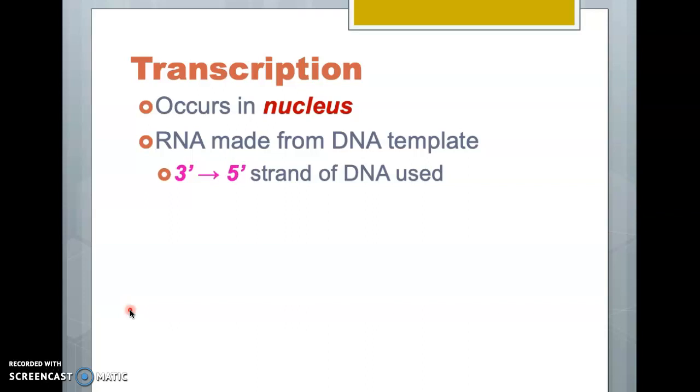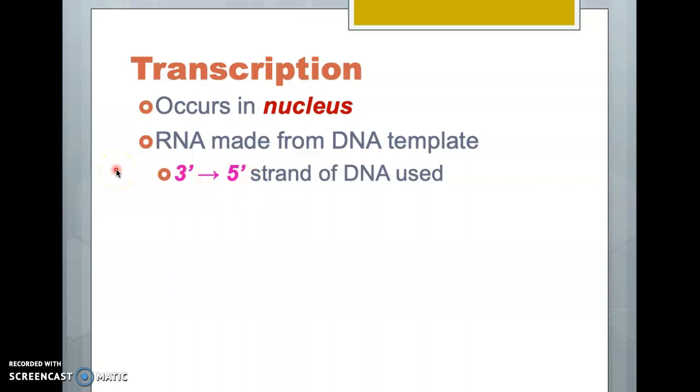In other words, 3' is the end that starts with a deoxyribose and it goes towards the end that has the phosphate group. All enzymes, and transcription is an enzyme-driven process, all enzymes have to go from 3' to 5'. We saw that in DNA replication, and it's happening here in transcription as well.